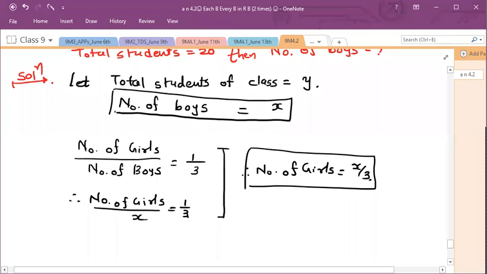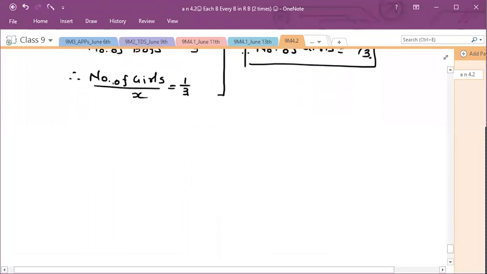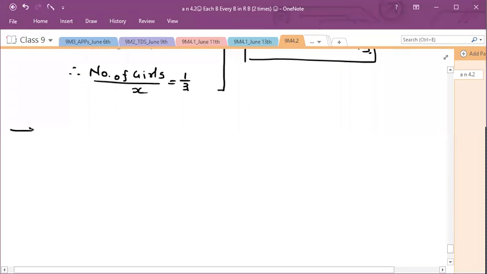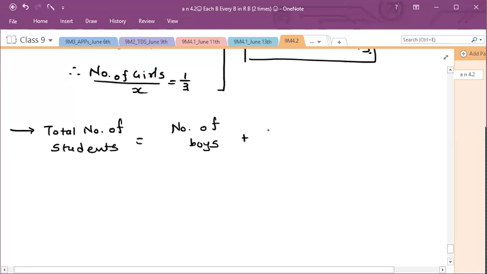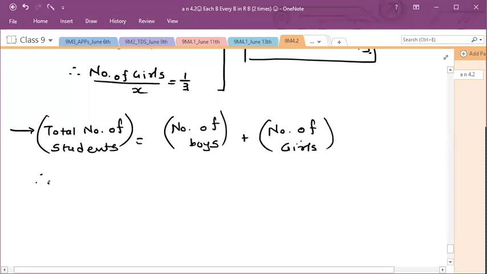We all know that in any class the total number of students is equal to the number of boys plus the number of girls.